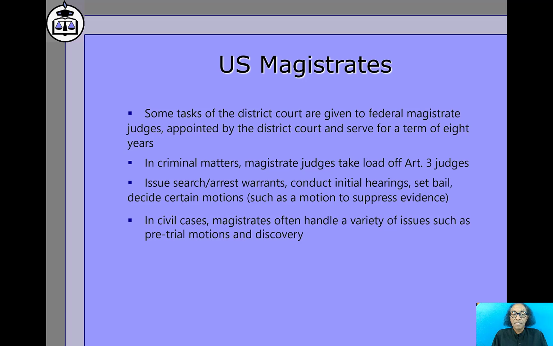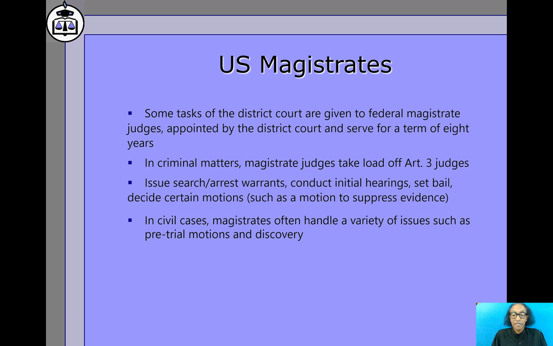All of that stuff is done by magistrate courts, by and large. Just imagine if U.S. District Court judges had to do that. They would practically have no time to do anything else because of the number of criminal cases that are filed and the kinds of pretrial activities that must take place. So the magistrates do a whole lot of that work.